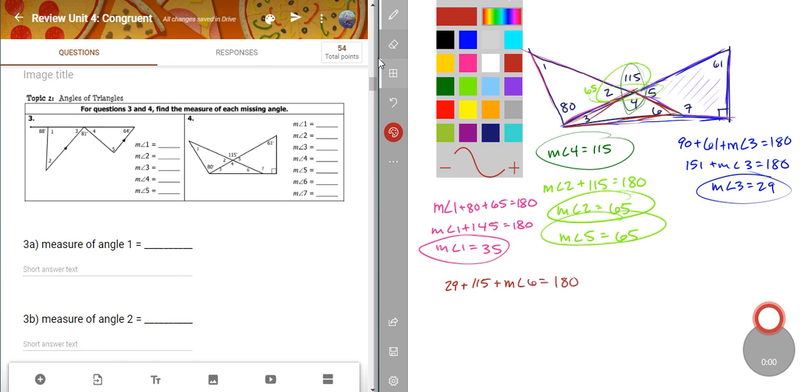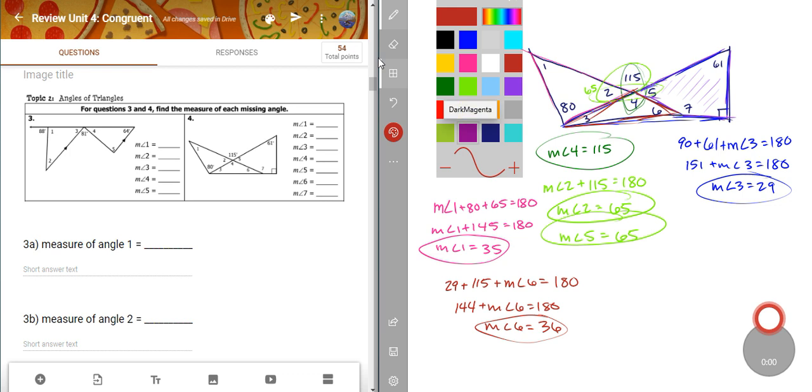There's our triangle. 29 plus 115 is 144. Plus measure angle 6 equals 180. Take it away. 36 left. Bam. Alright, so we've got that.